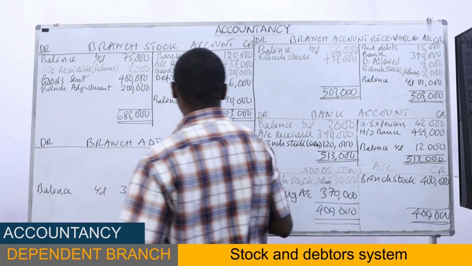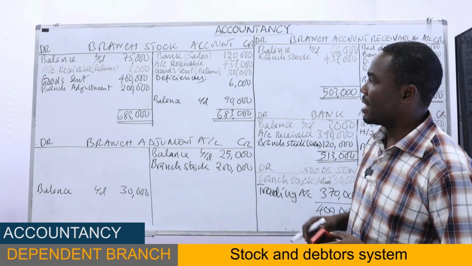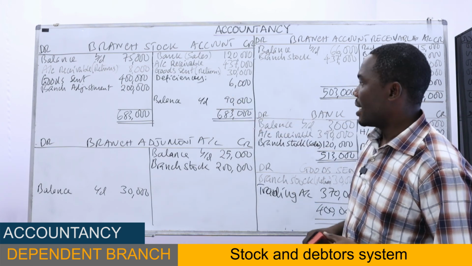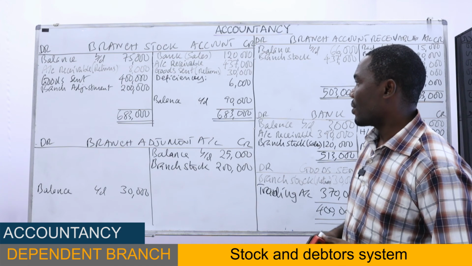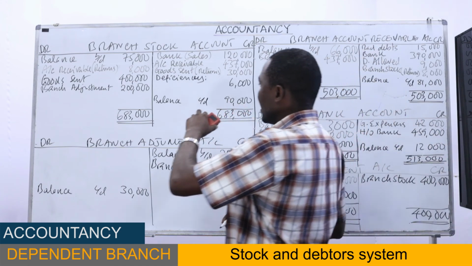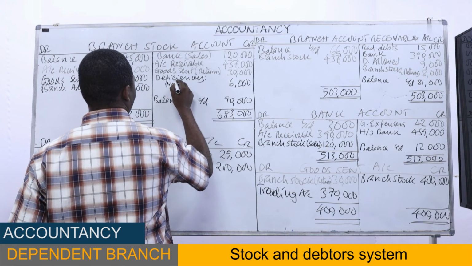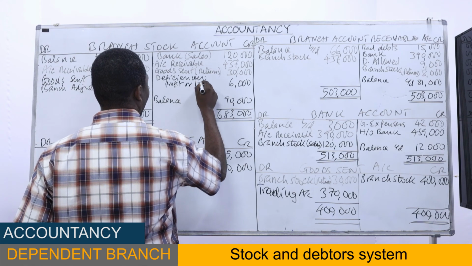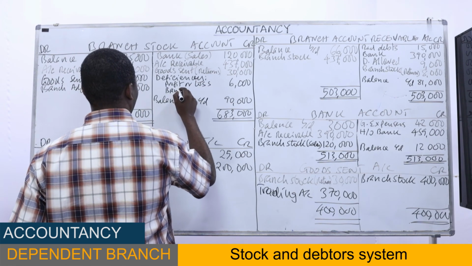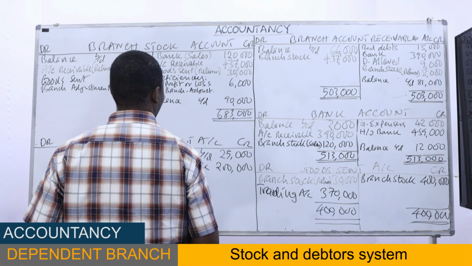So if it has failed to agree by 6,000, as I said previously, and because we are not told that the deficiency will be anomalous, then we need to give it attention. So let us now apportion it to get that amount that should be transferred to profit or loss, and that should be transferred to branch adjustment account.